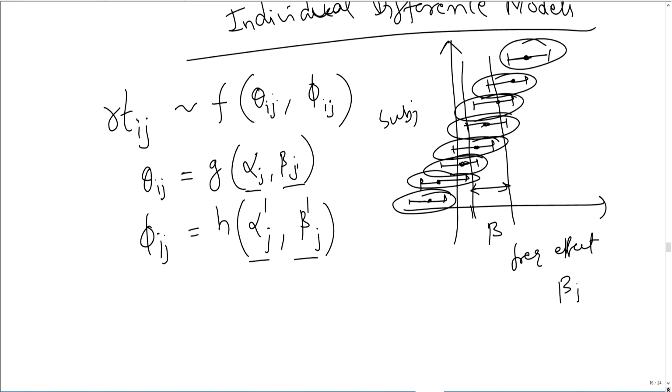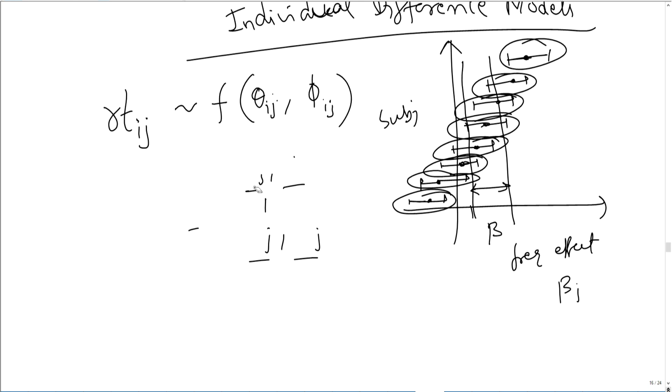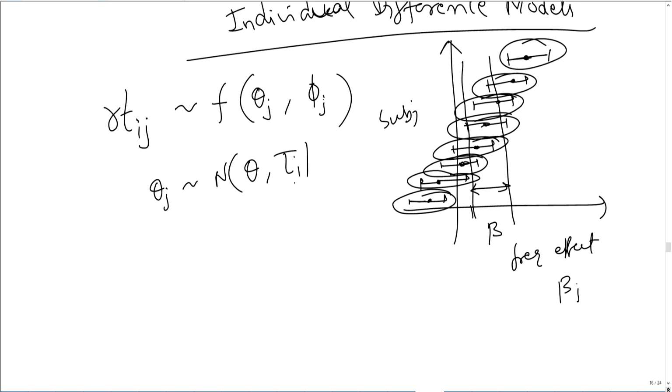This is just one example, by the way. You can have a much simpler model. So let's say reaction time in the ith trial for the jth subject comes from some generative process with individual level parameters theta j and phi j, such that theta j comes from a normal with population level theta and tau 1, and phi j comes from a normal with population level phi and tau 2.